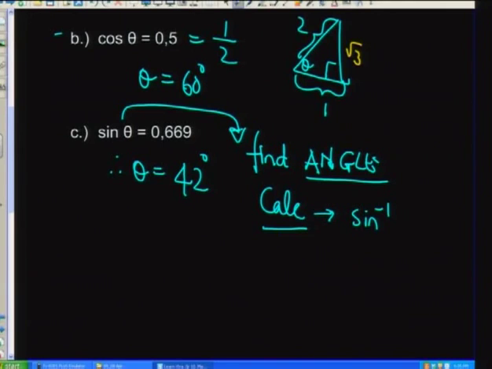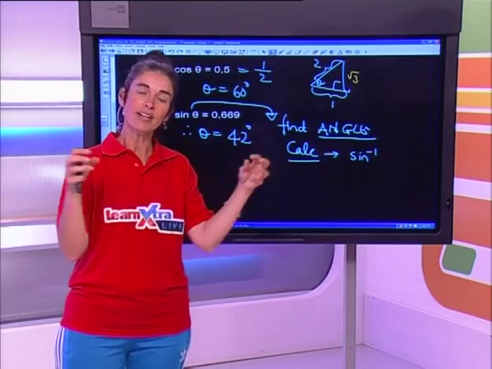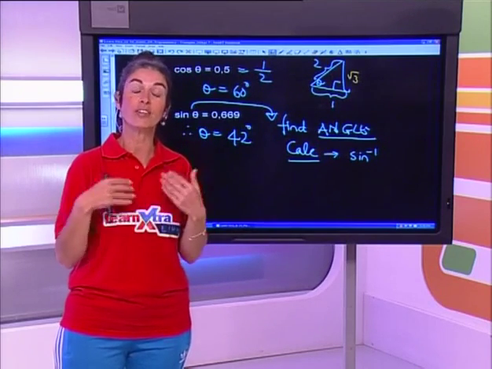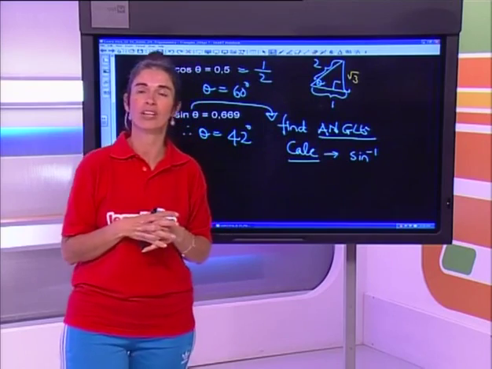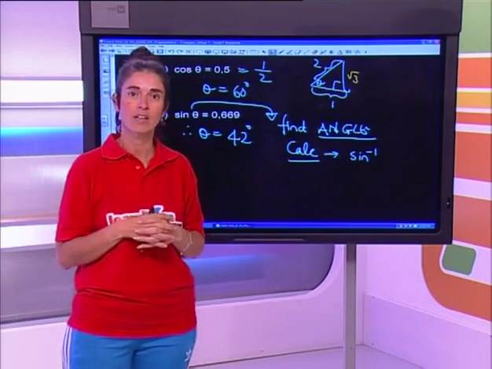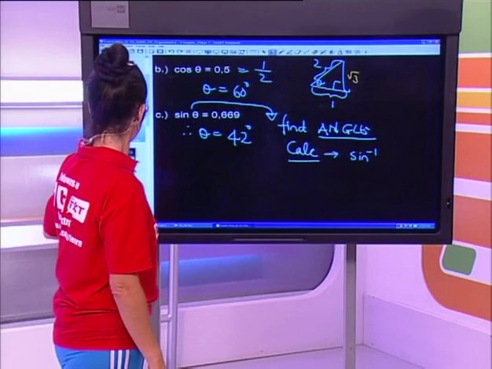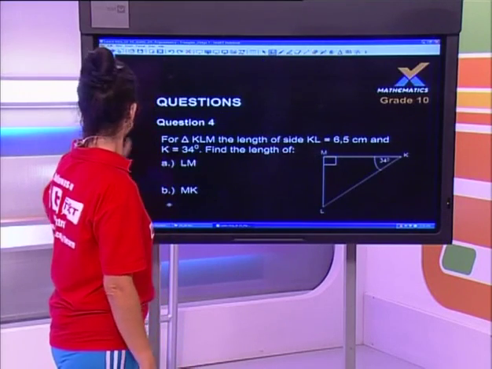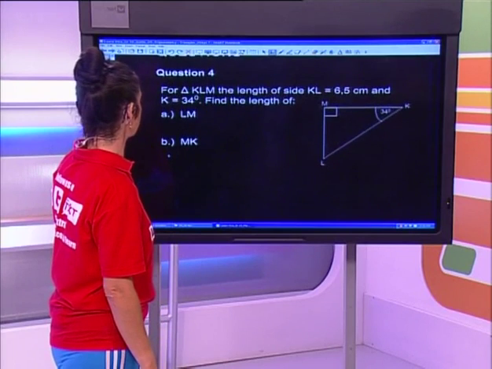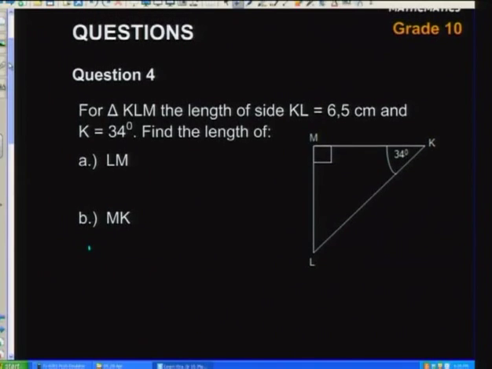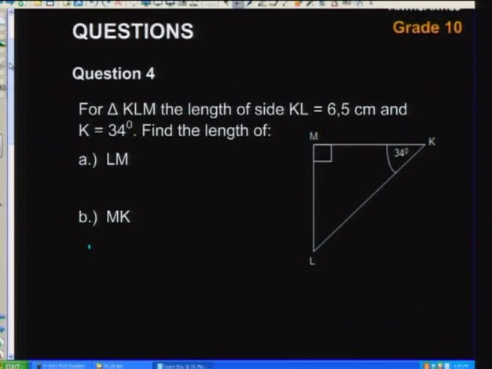Now, since we've been finding angles and sides, I want to link it to the trigonometry that we use when working with actual diagrams. So let's jump through to the slide that's got our triangle, and we're going to find lengths and angles. Here's a nice example.